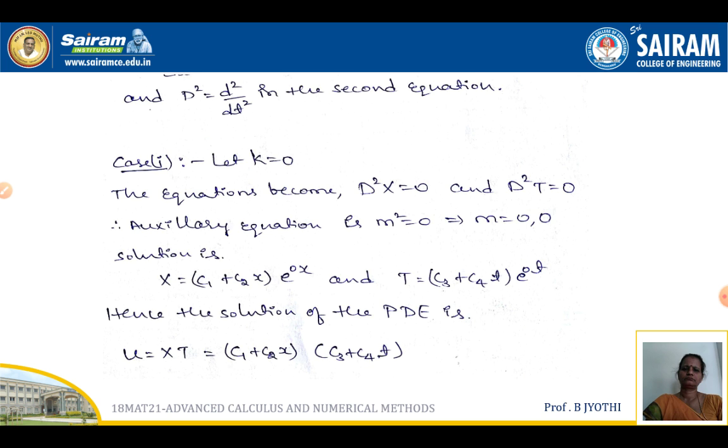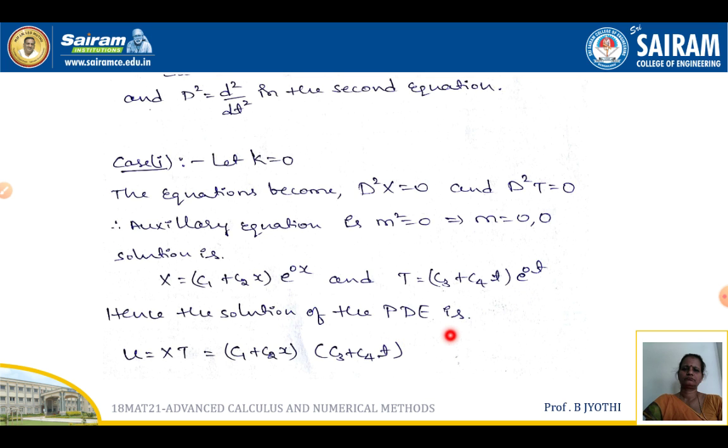So if we take the auxiliary equation, that is case 1, k = 0. The equations become D²X = 0 and D²T = 0. So the auxiliary equation is m² = 0. This implies m = 0, 0. So the solution of X will be (c1 + c2 x)e^(0x) and T will be (c3 + c4 t)e^(0t).